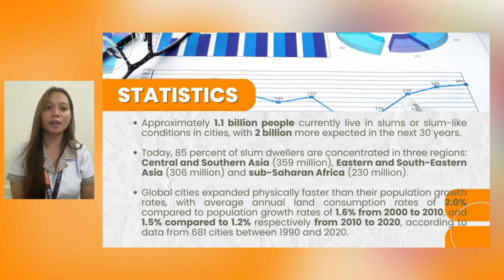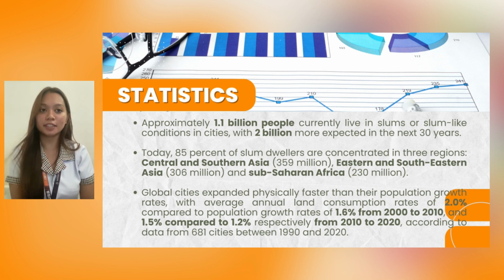Today, 85% of slum dwellers are concentrated in 3 regions: Central and Southern Asia, 359 million, Eastern and Southeastern Asia, 306 million, and Sub-Saharan Africa, 230 million.